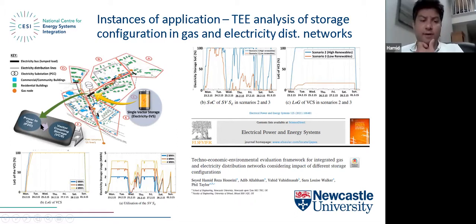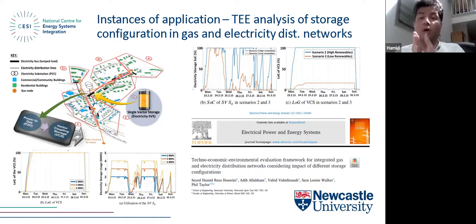And if you have storage in a single vector, for example, just in the electricity network, or a vector coupling storage. For example, if we have power to gas and then gas storage and injecting into the gas network, what's the impact of these energy storage devices on the techno-economic environmental operation of these integrated networks?